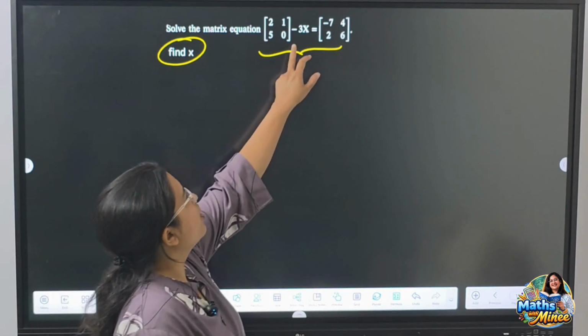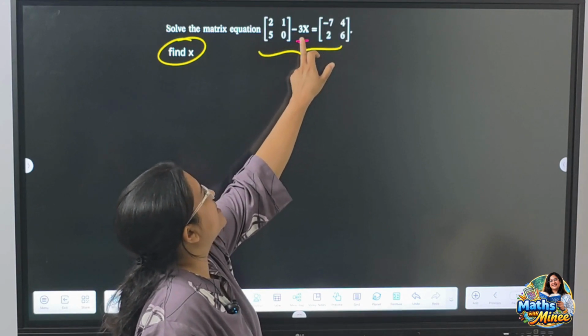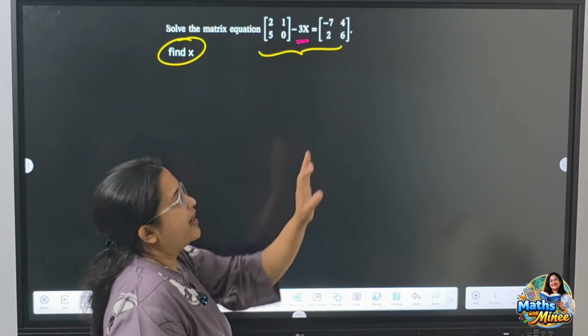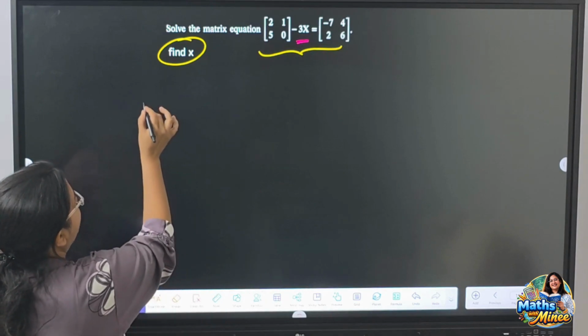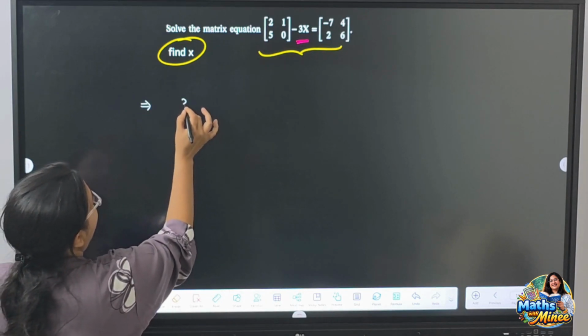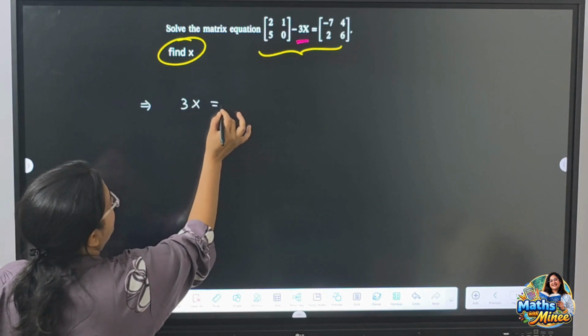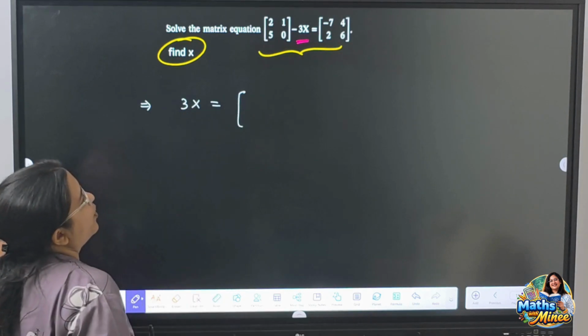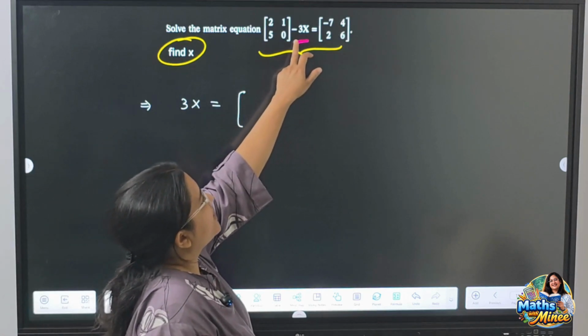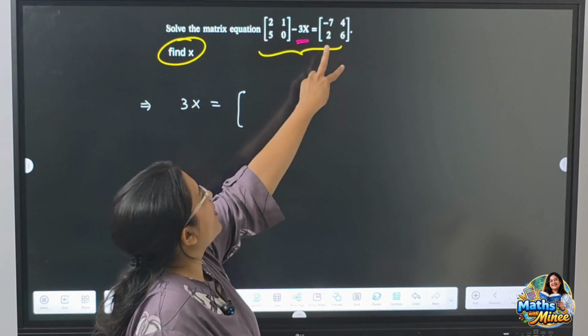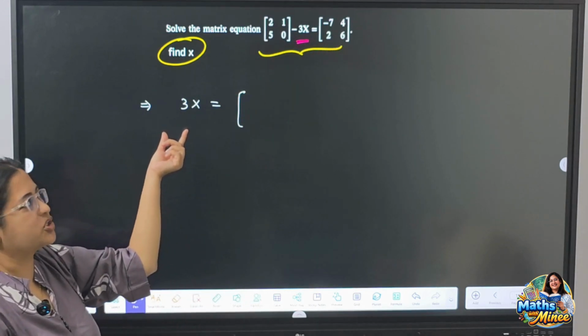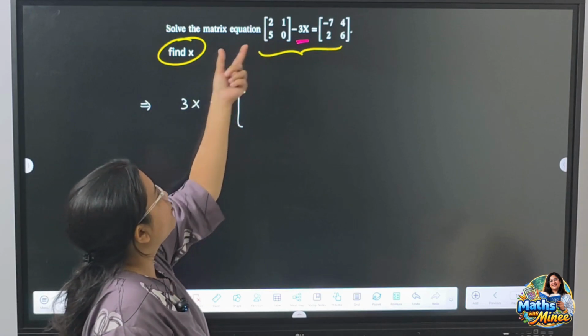What we are going to do is make 3x the subject. So first, 3x is negative. If I move it to the right side, it will become positive, right? So I'll write it down first.